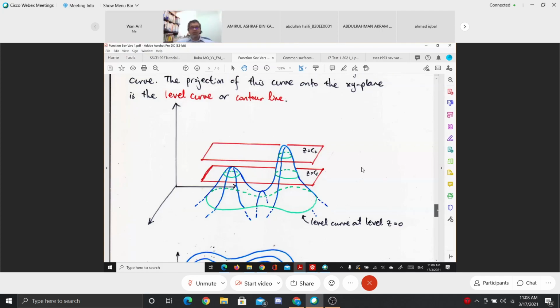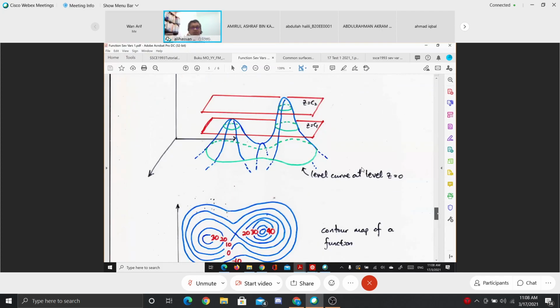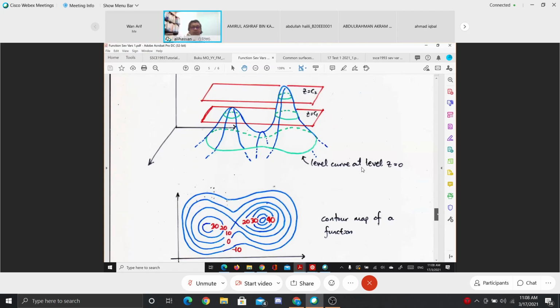So these are all level curves. So now if you draw these level curves on an xy plane, you will get a picture something like this. It's called the contour map of a function.